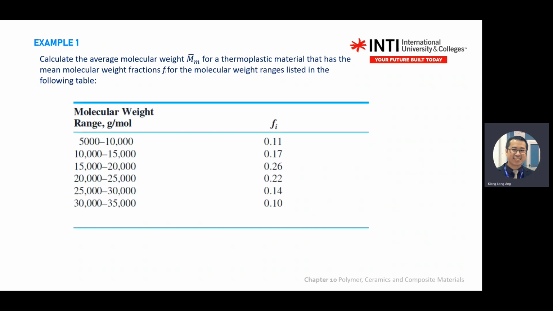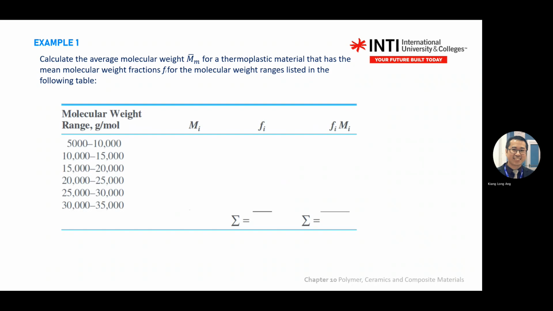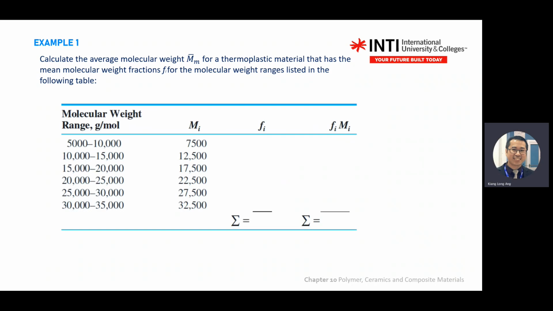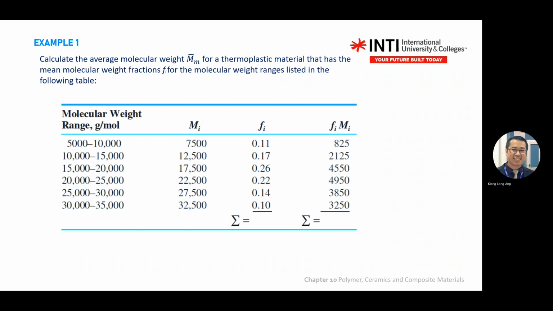So what else? Okay, so Fi was given. So what you do, you find the average molecular weight of all the ranges. How do you find average? Maximum plus minimum, divide by 2. You get the average. Fm you copy from the table. Then you do products. First row multiply by second row, you get the Fim. This value multiplied by this one, you get this one. Then after that, you get the sum of Fi, sum of Fim.